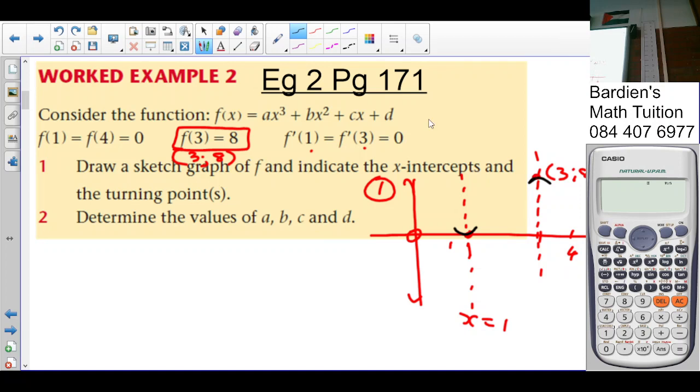Can you see that, people? So we're going to connect the dots. And there we go. That's your graph. That makes sense, people? I'll do it again.